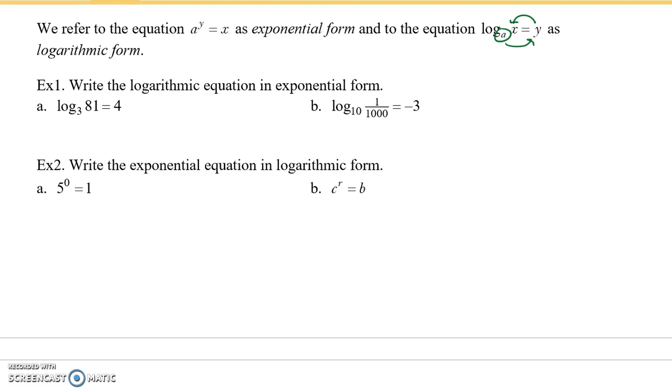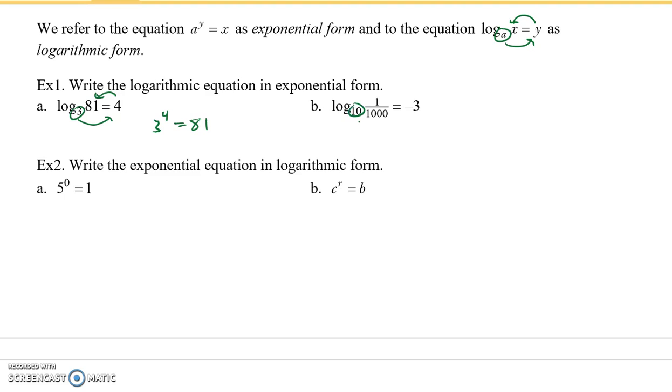What we do is we start with the base, we go to the 4, and then we go to the 81. So the exponential form of this would be, start with the 3 to the 4th power, then set it equal to 81. Second example, log base 10 of 1/1000th equals -3.